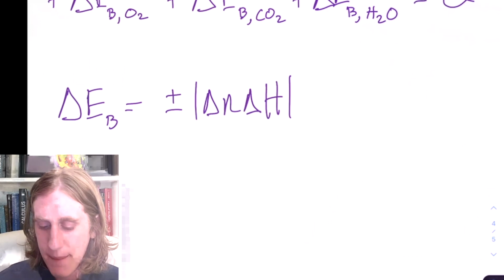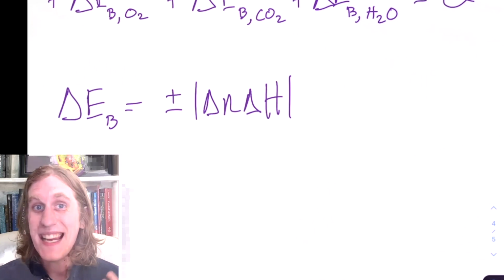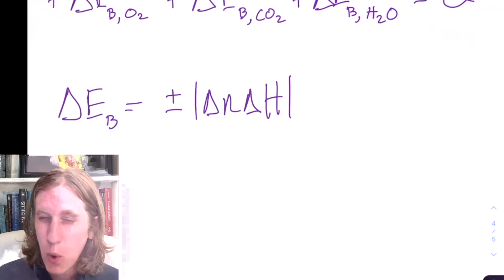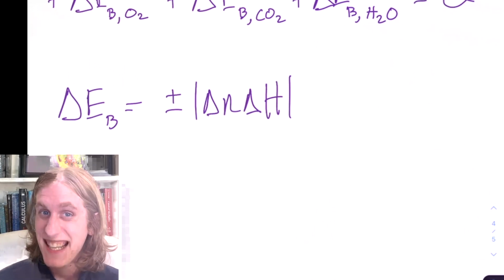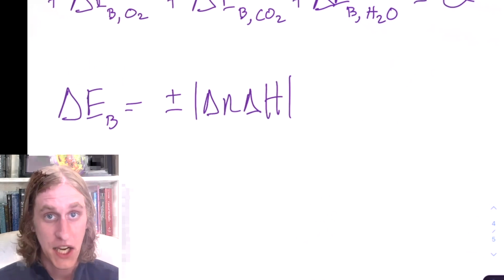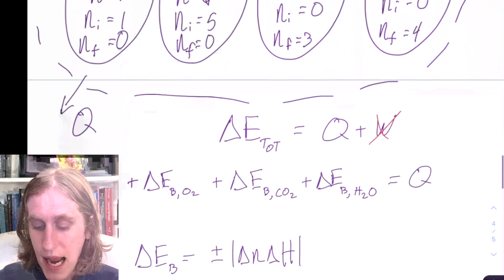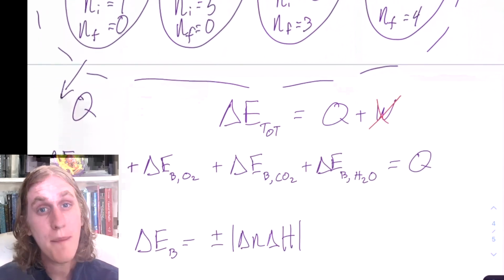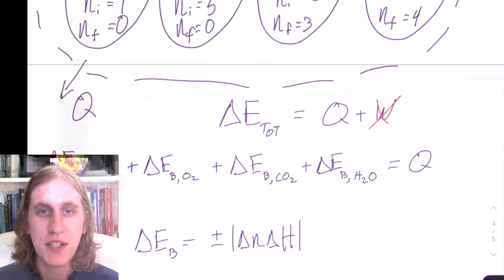Instead of a delta M here, we have a delta N. Remember, N is just the number of moles of a substance. So this equation functions the exact same way as the previous one. Delta N is just the amount of your substance that is changing, and then delta H is just the number that describes how much energy it takes to make that transition.